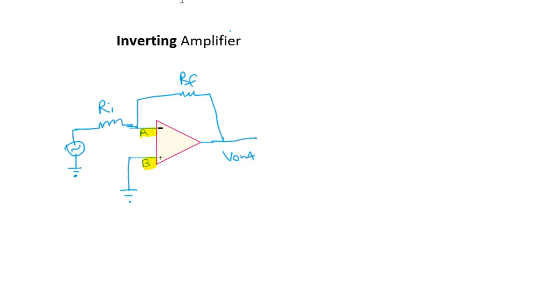We know that an operational amplifier has high input impedance. Impedance is very high for an operational amplifier. Now since there is infinite input impedance, there is zero current through the input impedance.